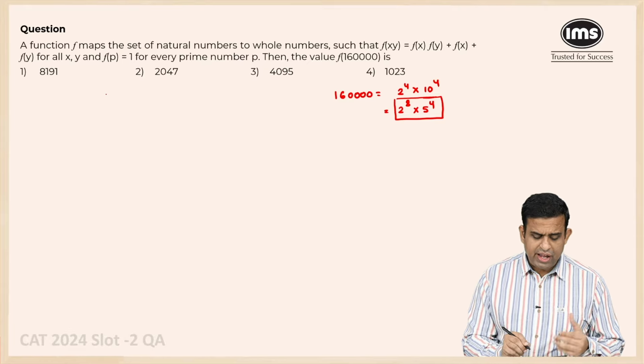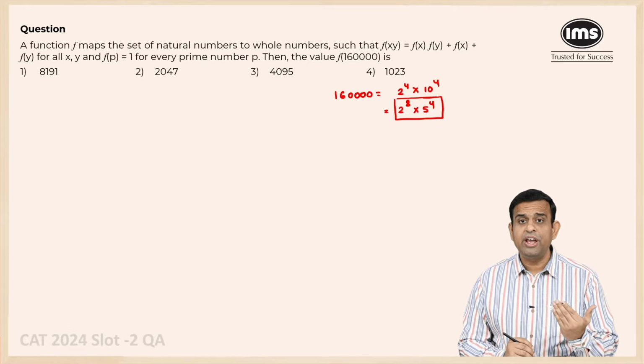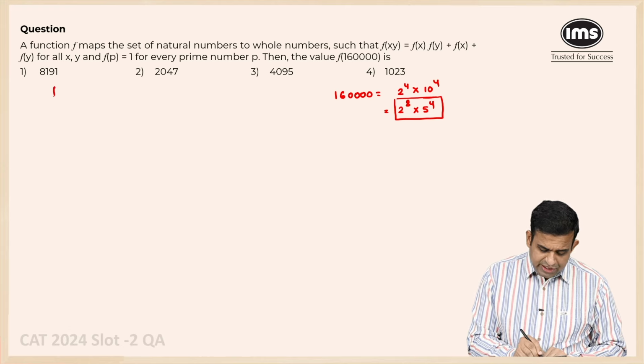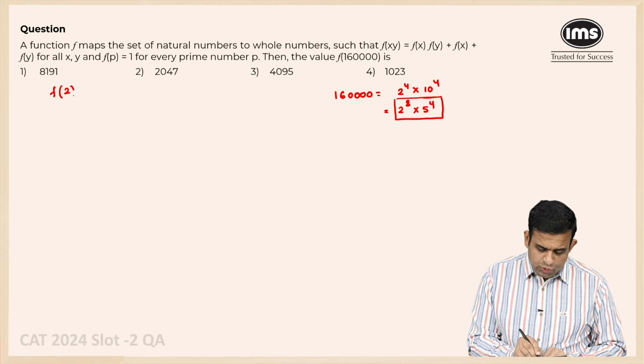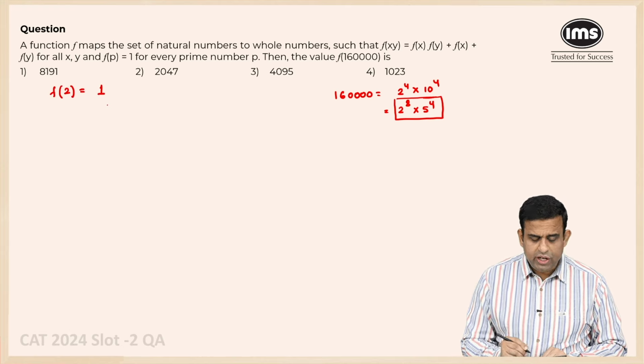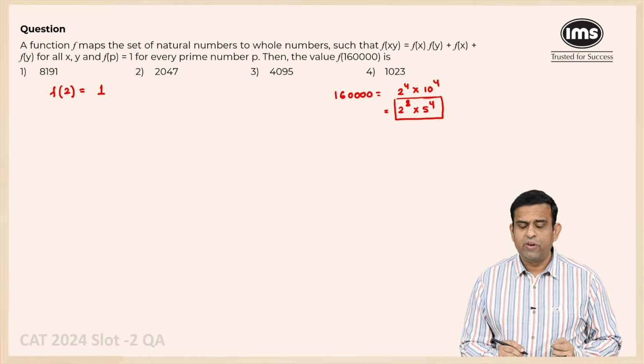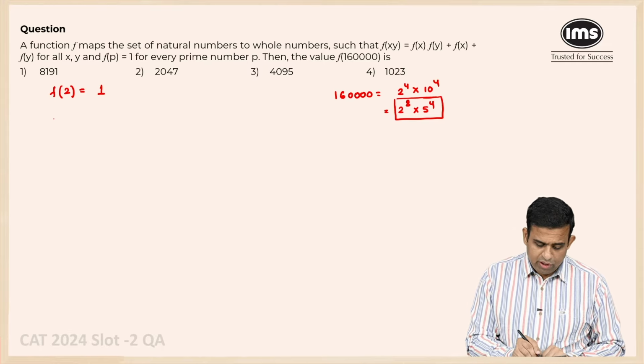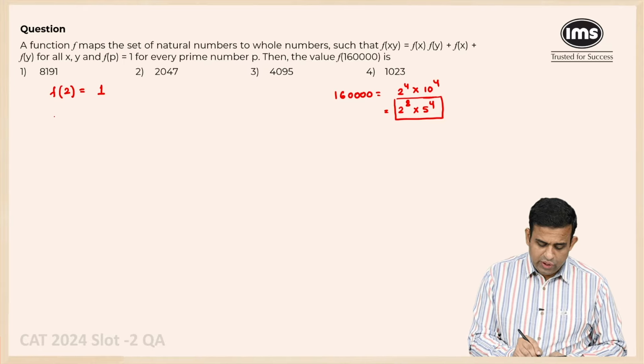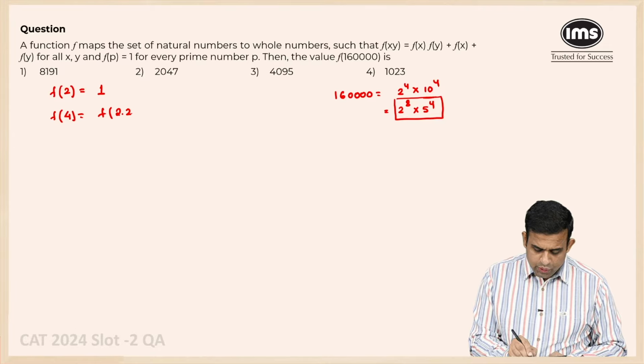Now from this part, f of p is equal to 1 for every prime number. So if I put p equal to 2, f of 2 is also going to be equal to 1. Let us now find the value of f of 4, because 4 is 2 square, so I will see some sort of pattern. f of 4 will be equal to f of 2 into 2.